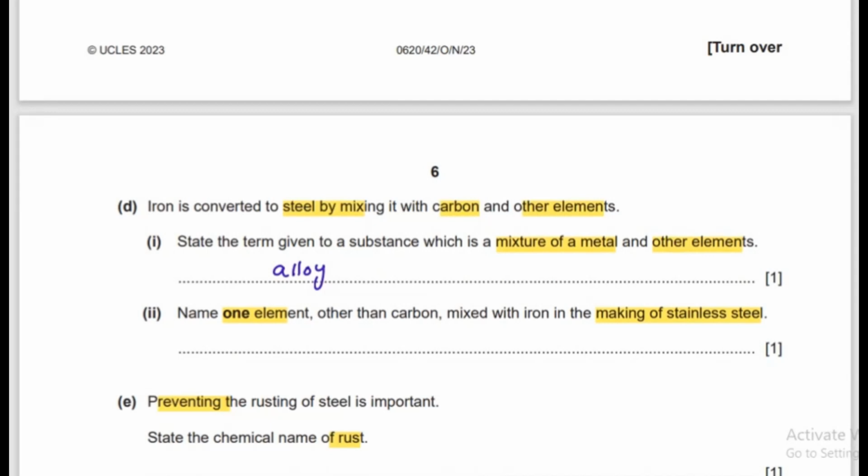Stainless steel is generally made up of iron, carbon, and manganese. The element responsible for this may be chromium, manganese, or nickel. So this may be nickel or chromium.